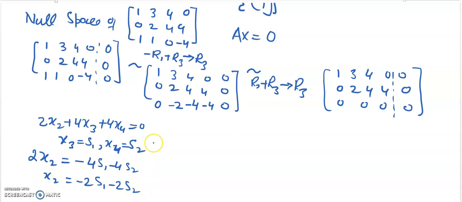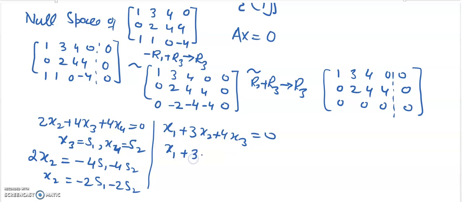So this is the value of x2, and from the first equation x1 plus 3 x2 plus 4 x3 equal to 0. So x1 plus 3 x2, x2 was minus 2 s1 minus 2 s2, plus 4 x3, x3 was s1, equal to 0.